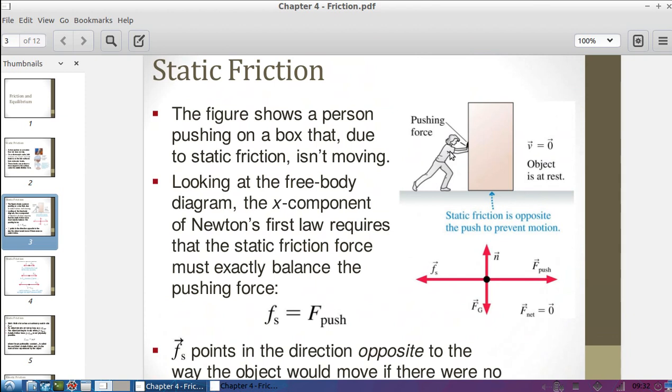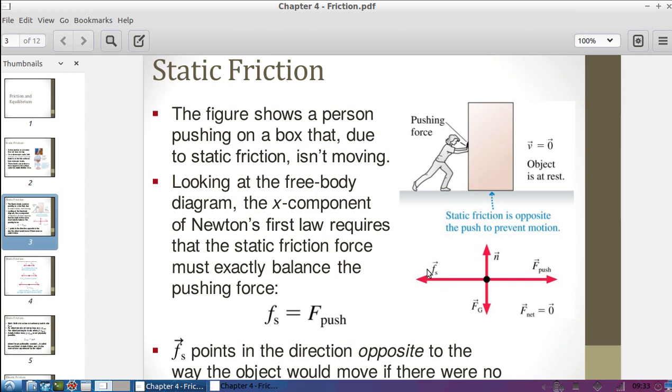So this person is pushing on this crate. The force that's preventing it from accelerating is a static friction force, and it's in the opposite direction. So we've got an object lying on a surface, so we still have the normal and the gravitational force. While this object is stationary, v is equal to 0, the static force will be equal and opposite to the applied force.